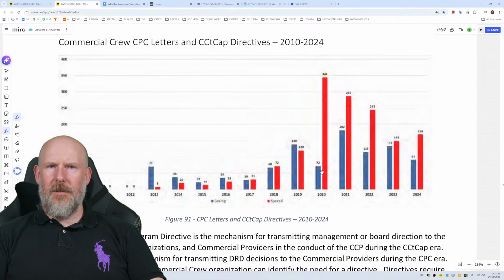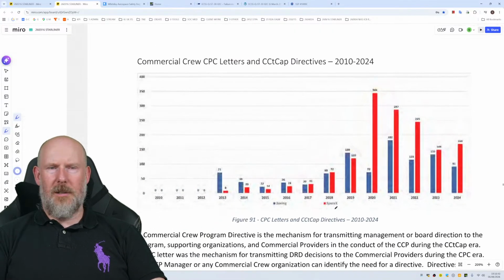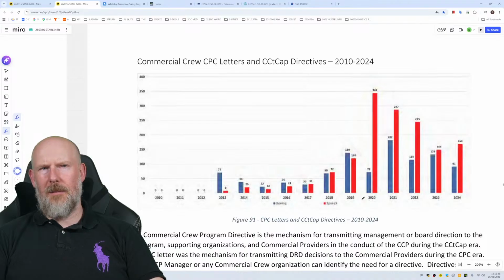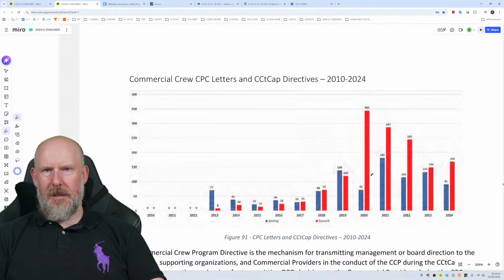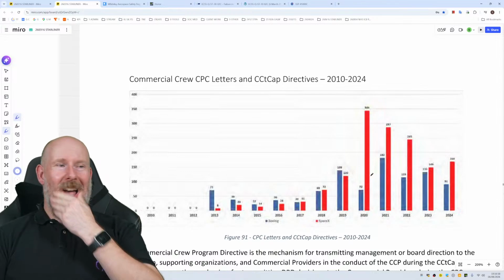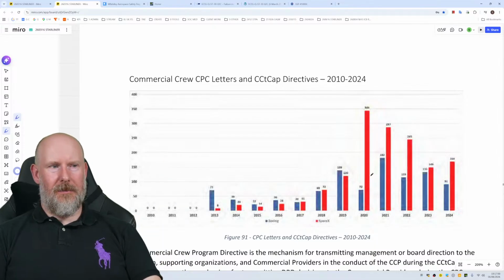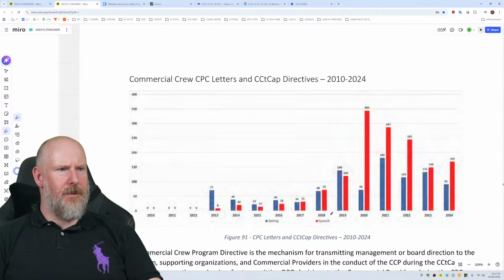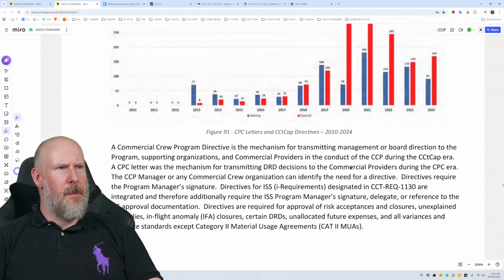I don't know what the relevance of this graph is, including SpaceX. Why is that important to this? What are we trying to show? Are we trying to show that SpaceX sends more letters? Is that good or bad? Is it even relevant to this? Because we're talking about the Starliner. We're not talking about the SpaceX's spacecrafts. Why is that important?